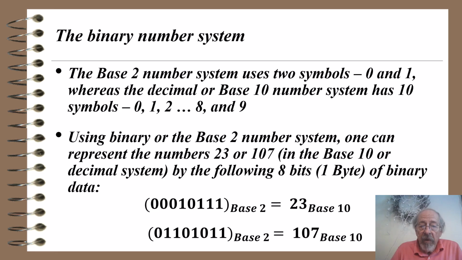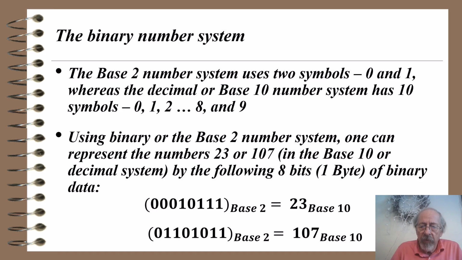Using binary or the base 2 number system, one can represent the numbers 23 or 107, those are examples here, in the base 10 or decimal system by the following 8 bits or 1 byte of binary data. So I show here in parentheses 0, 0, 0, 1, 0, 1, 1, 1, and I say that's a base 2 number, a binary number, is equal to 23 base 10.